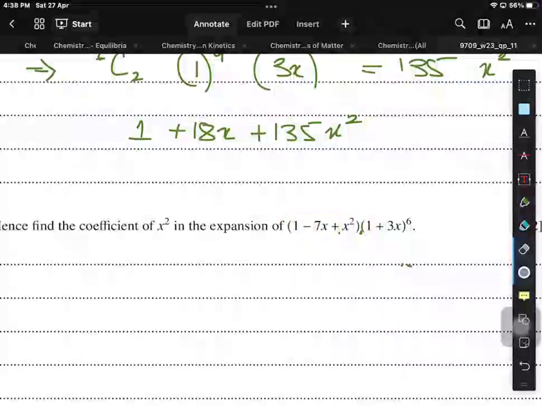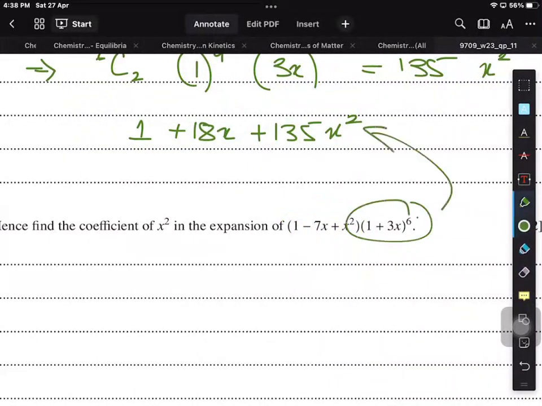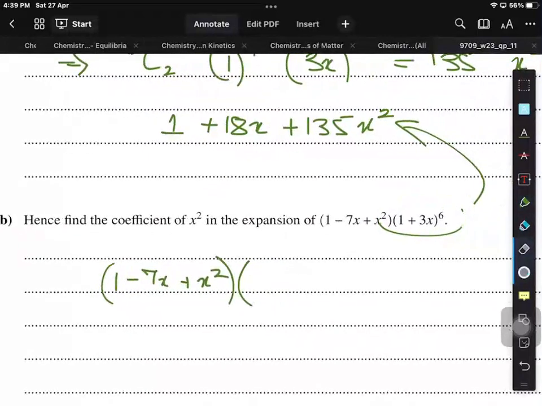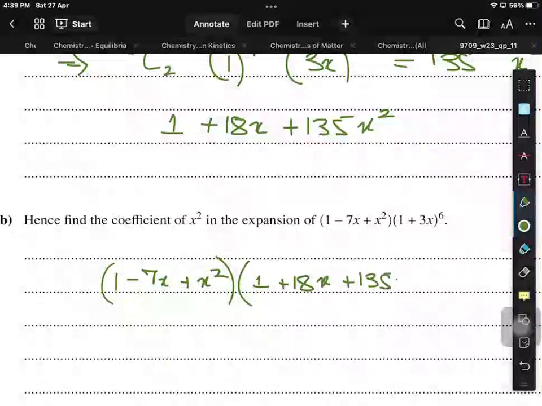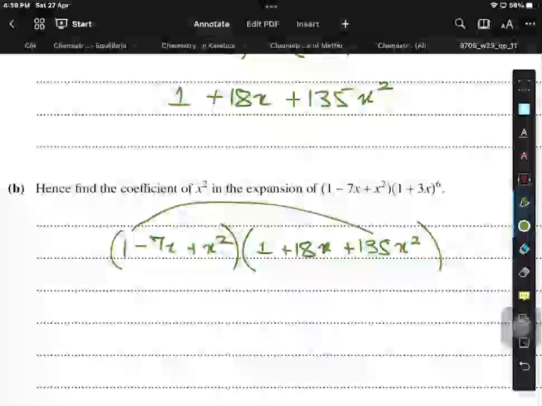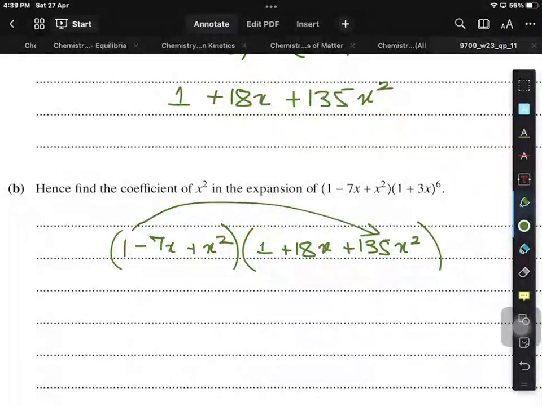We already expanded this in the previous part, so let's see how this works. We can use the expanded version, which we already did in the previous part: 1 plus 18x plus 135x squared. Now, if you multiply this 1 by this 135x squared, that would give us a term in x squared.